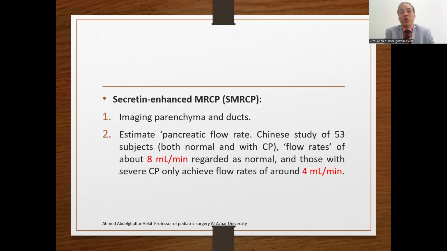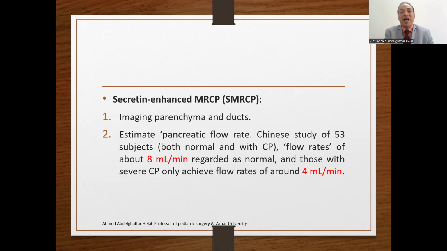There is recently what's called secretin-enhanced MRCP. What is secretin? It is a hormone that usually increases the secretions of the cells lining the ducts of the pancreas. So it's used to make the image clearer and also to estimate what's called the pancreatic flow rate. In a Chinese study of 53 subjects, normal and with chronic pancreatitis, a flow rate of about 8 mL per minute was regarded as normal, and those with severe chronic pancreatitis only achieved a rate of about 4 mL per minute.